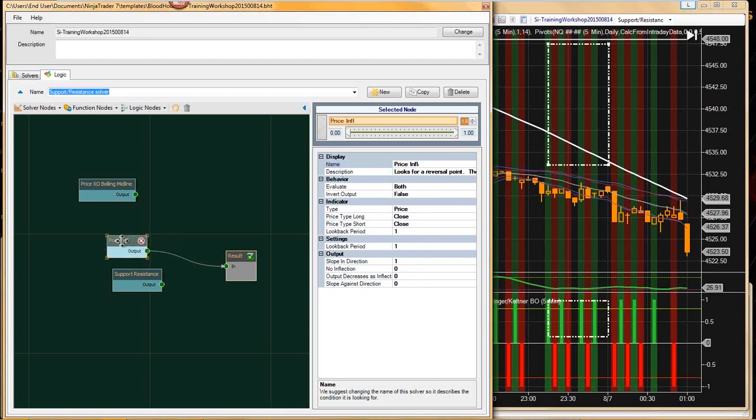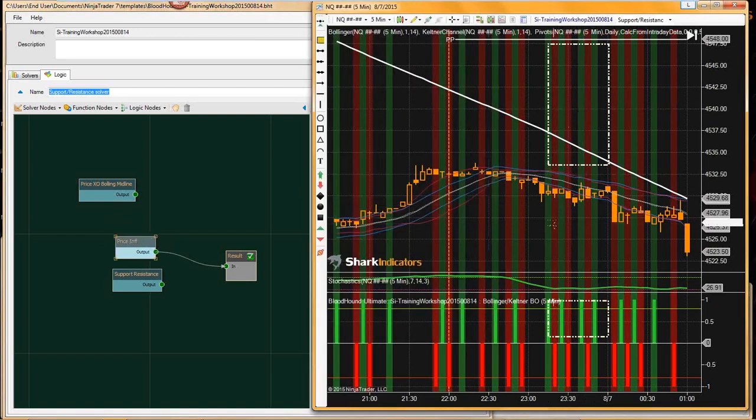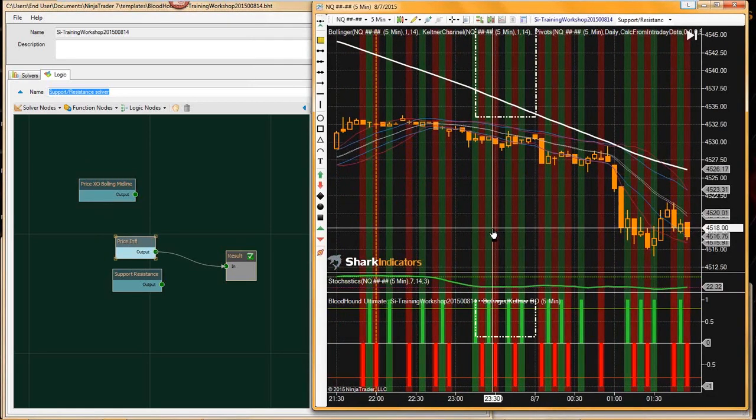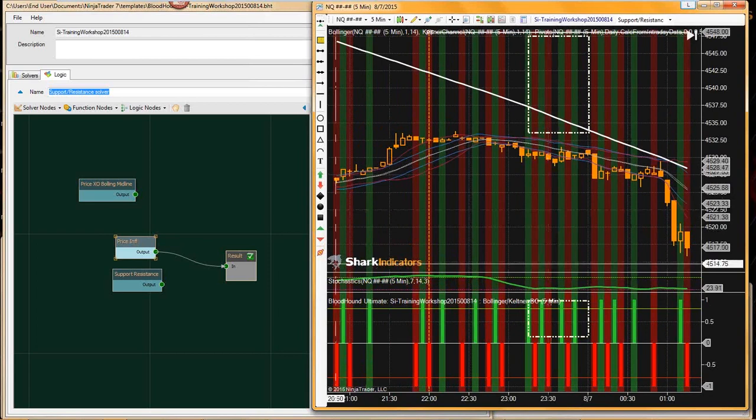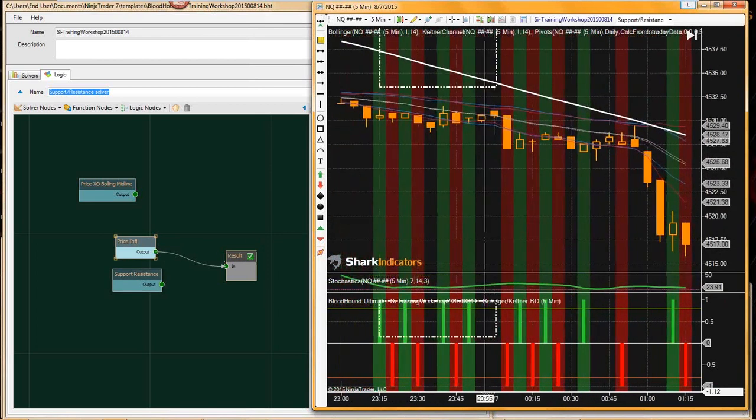There we go. All right, so we got lots of signals here, lots of longs and shorts. So this will help illustrate my point.